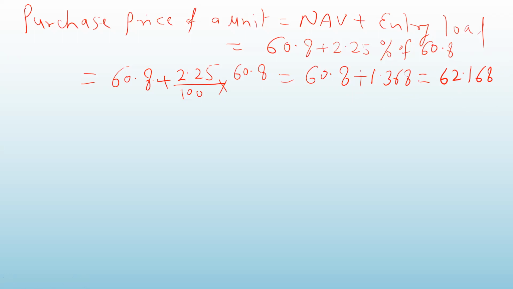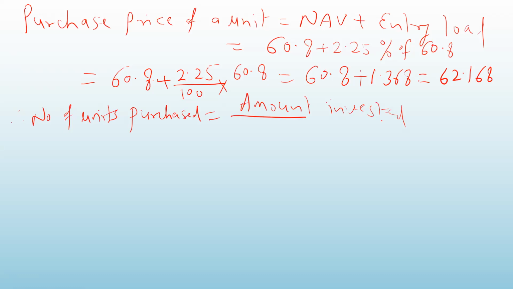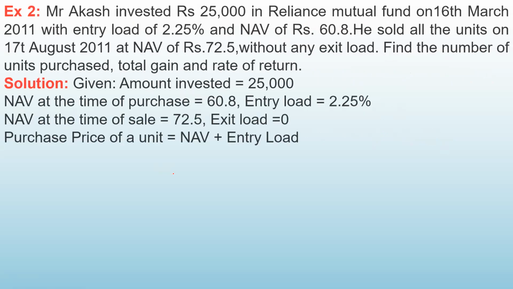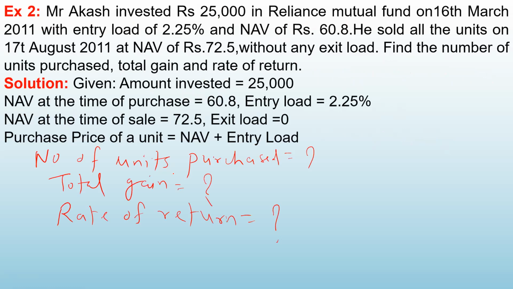Now, how will you find out number of units purchased? Therefore, number of units purchased, you know that it is amount invested divided by purchase price of a unit. Amount invested is how much? You are given that it is 25,000.